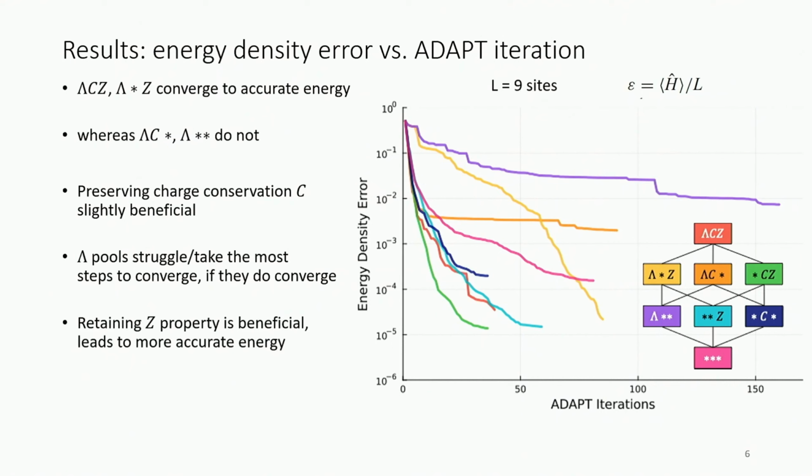And overall, these are our results for all the pools. So we can see overall that the translation invariant pools struggle or take the most number of steps to converge, if they do converge. We also see that retaining the Z strings in our operator pool turns out to be beneficial, and those pools lead to more accurate energies.